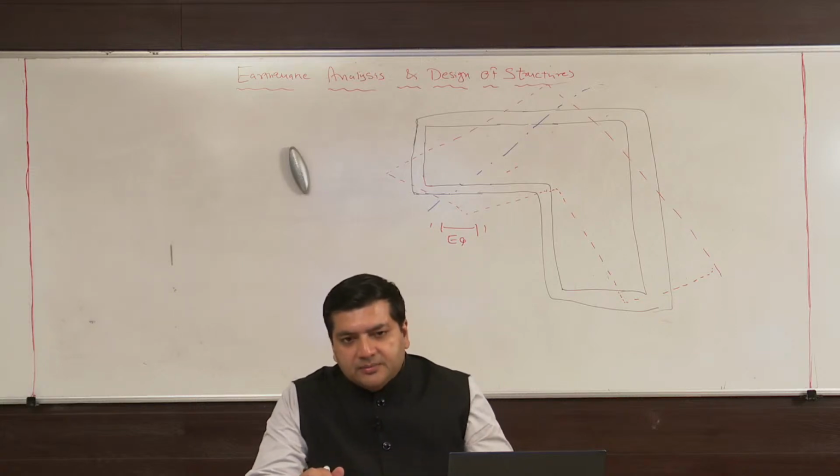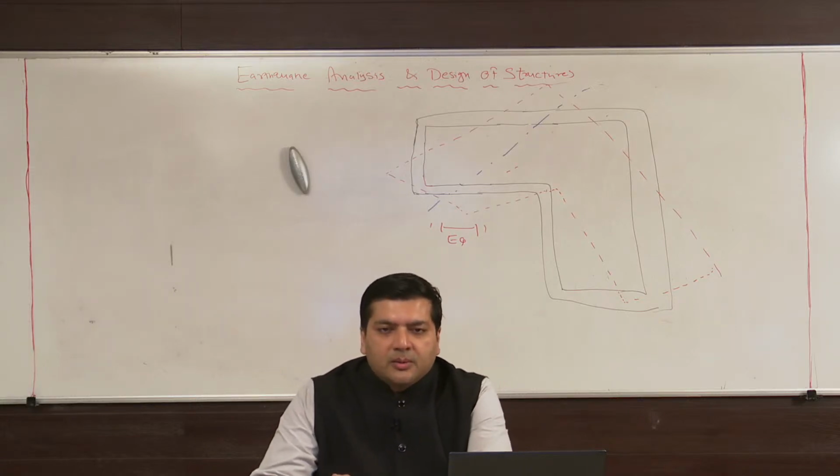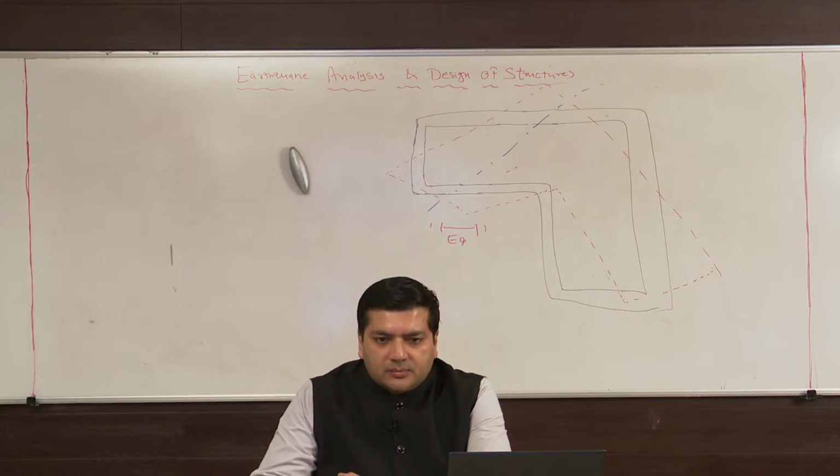We have already seen during the first module how the torsion came, what are the causes of torsion, and how we can remove or reduce the torsional effect due to irregularities of the building. Irregular buildings generally are having torsion in them, right?